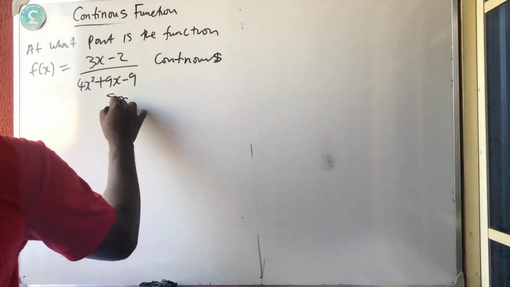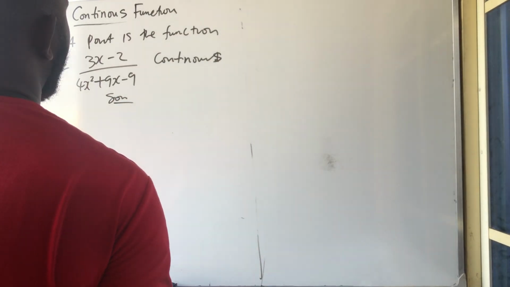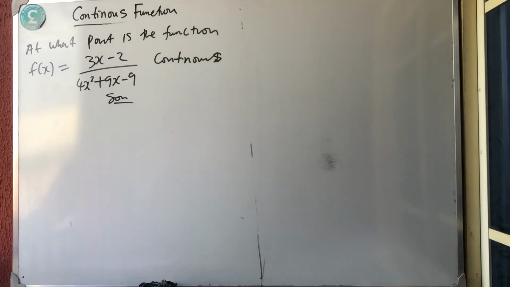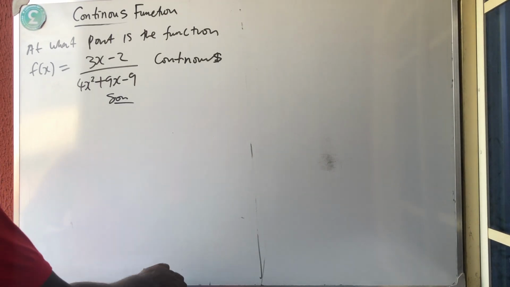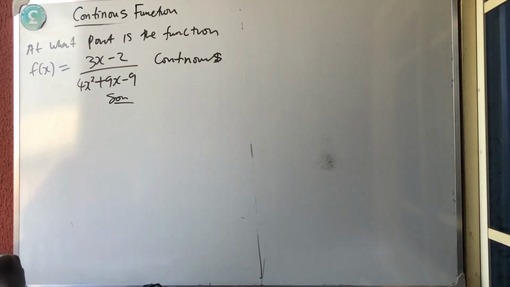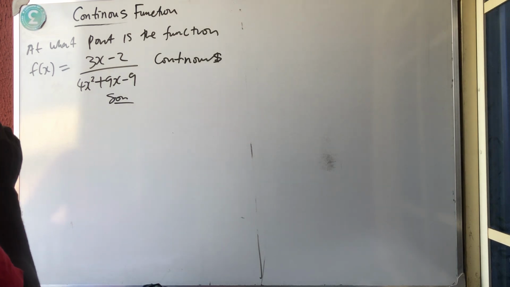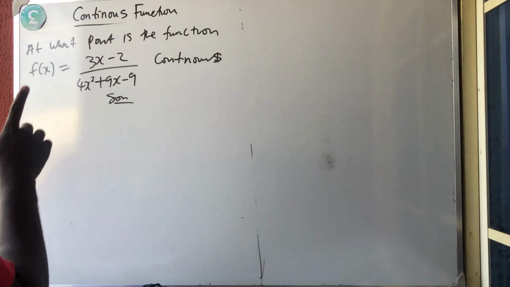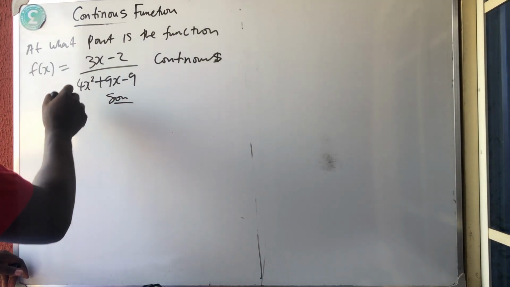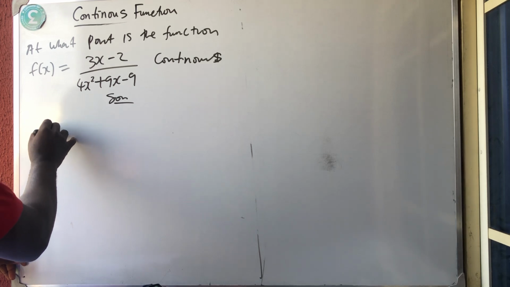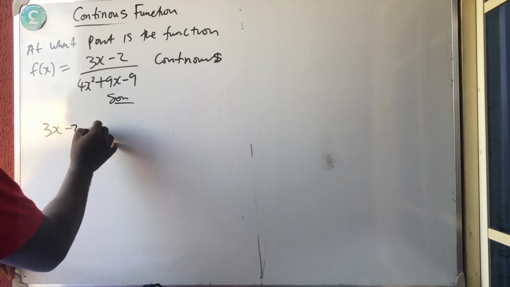Solution. Continuous. Sometimes they will equally ask you, at what point does it exist? Before you talk about continuity, let's talk about the discontinuity. We know that this will be discontinuous if 3x − 2, the numerator, is equal to 0.